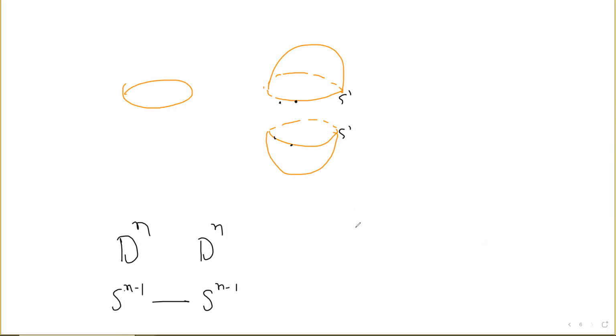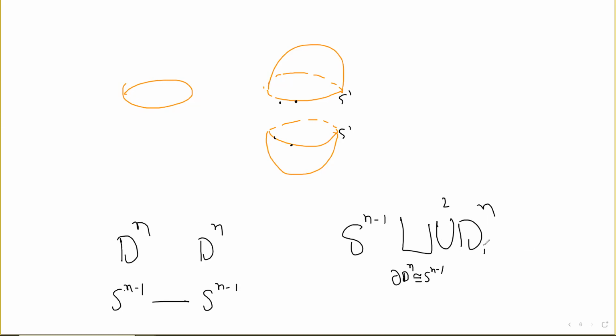So it's like you already had S^(n-1), and then you brought in two copies of Dn and you identified it. You had an S^(n-1), you have two copies of Dn, and at this boundary you are identifying with S^(n-1), and you're doing it for both.